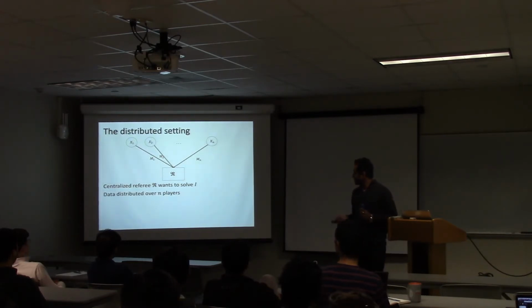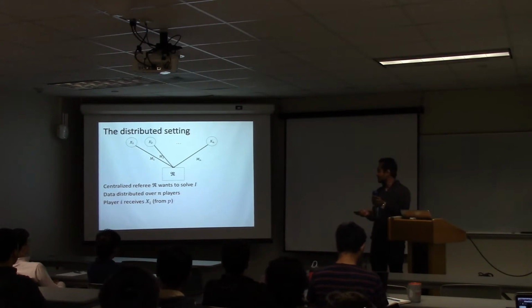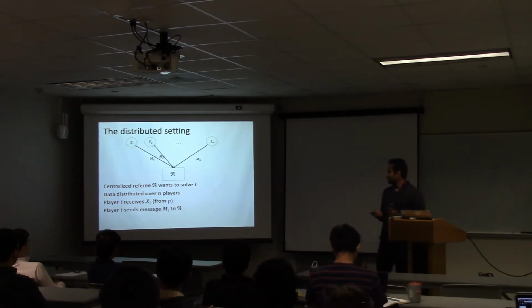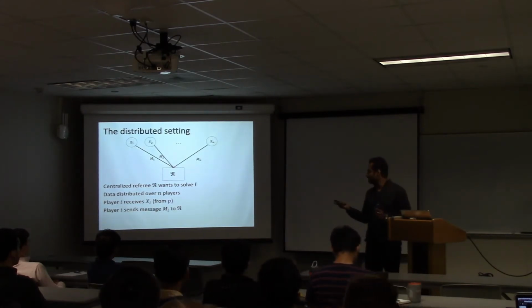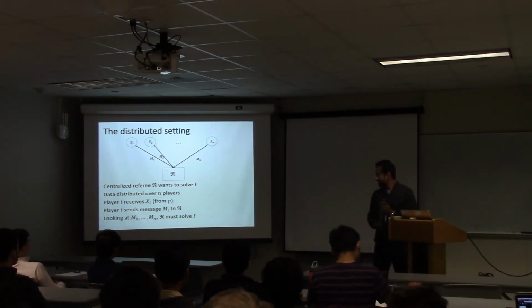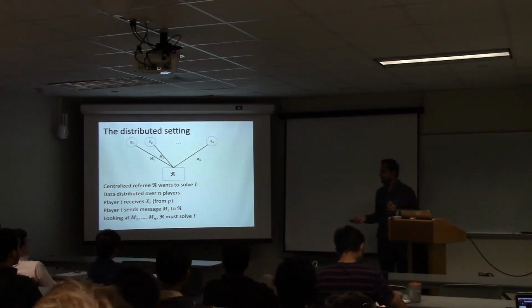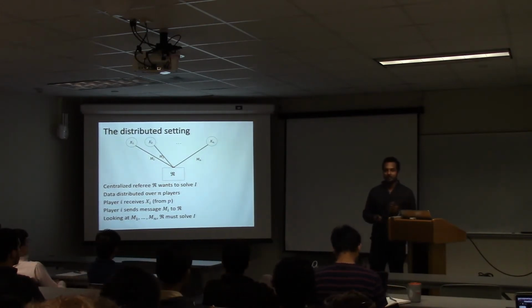So the data is distributed over n players, and player i receives exactly one row xi, and then it sends a message mi to R. And as I said, looking at these messages m1 to mn, the referee wants to solve the task I. Okay?